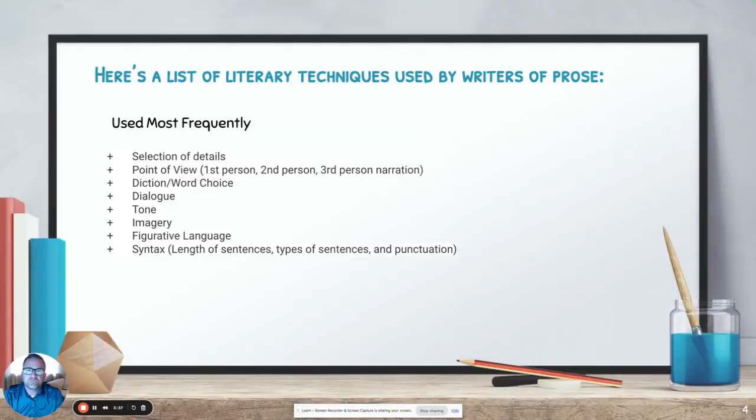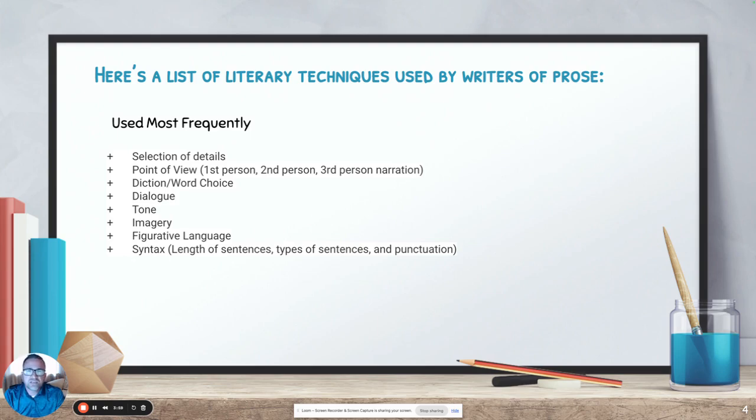In terms of prose, writers use a particular type or group of literary techniques. It's like any artist. If an artist is a painter, they're going to use paintbrushes and a canvas and paints. Writers of prose are going to use different tools.